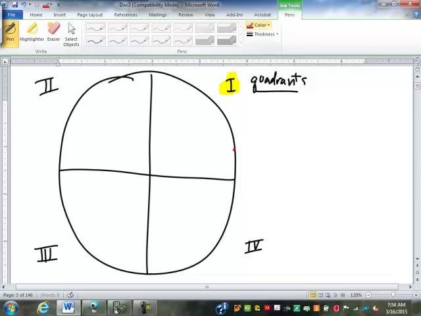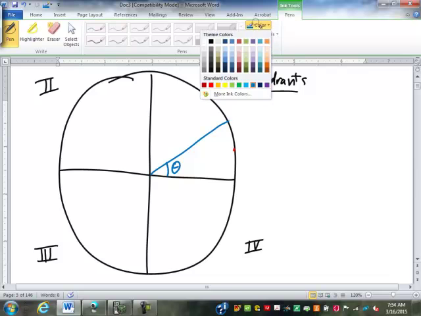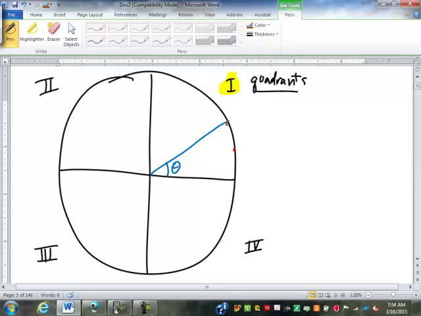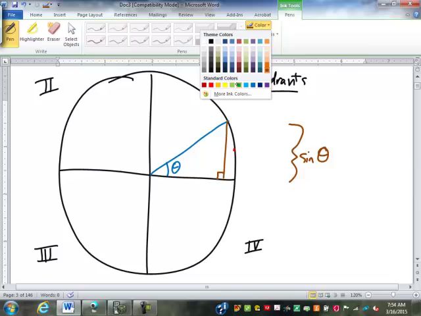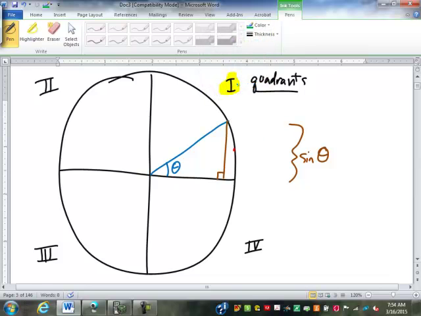So anyway, let's draw a generic angle on here again. Here's my angle theta. The sine of theta is this distance right here, of course. I'll put it out here. Now we said the cosine of theta came from this distance here, because this would be the complement of theta over here.